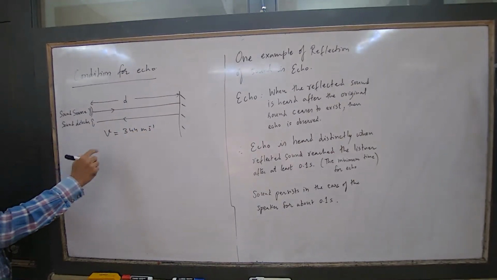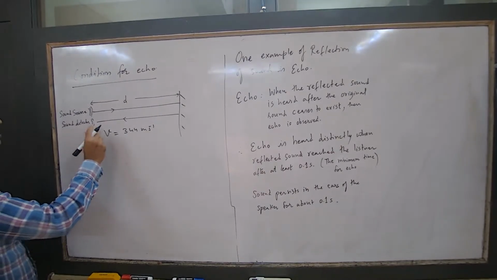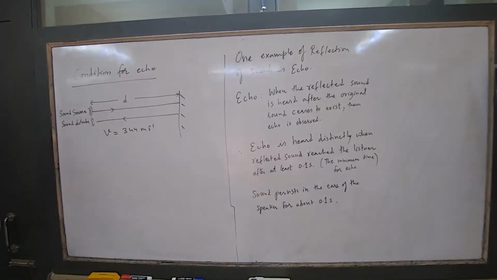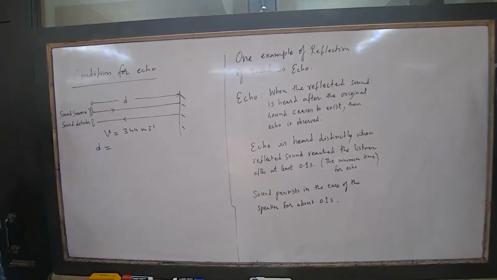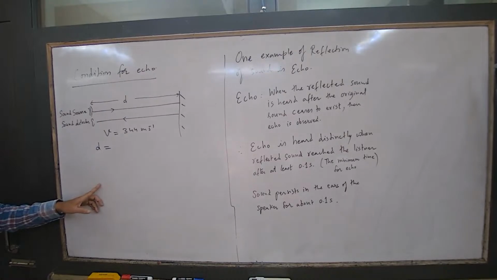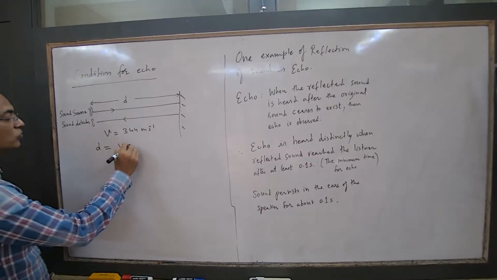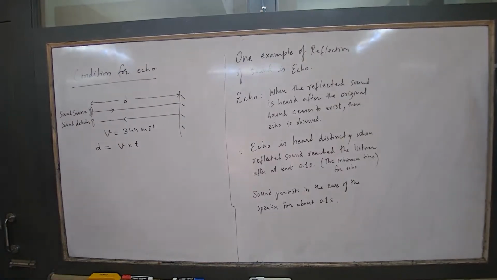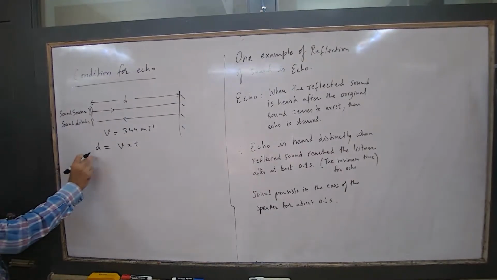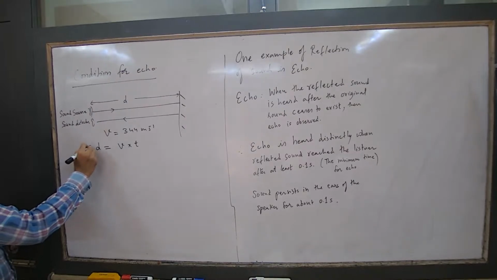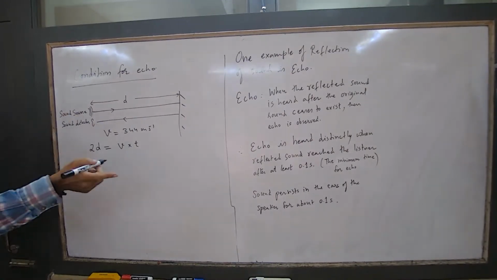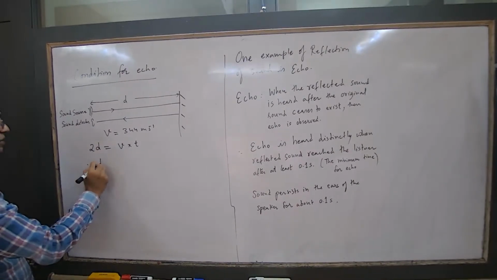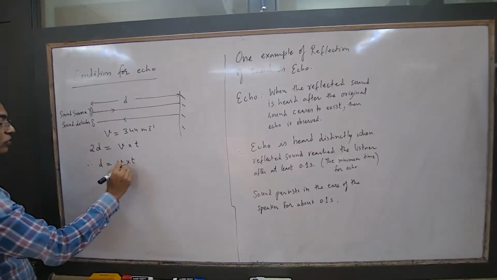Okay. So what is the minimum distance for the echo to be heard? So distance is what? Distance upon time is speed. So distance is speed into time. Okay. So what is distance? This is 2d. d plus d must be equal to v into t. d for going, d for coming back. Therefore, d is equal to v t by 2. In cases of echo, you have to use this formula.